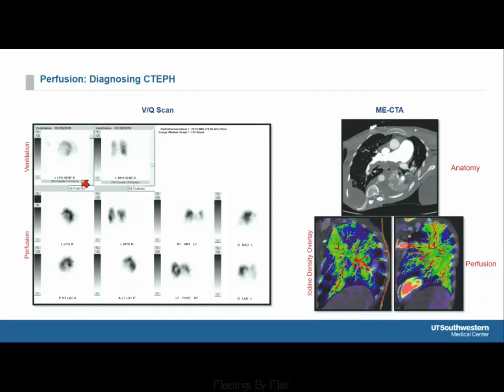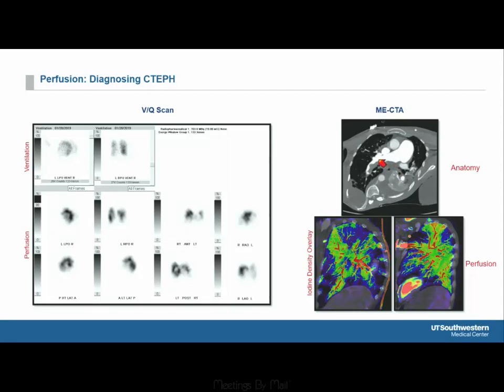Here is an example of a patient showing the typical findings with a relatively homogeneous ventilation on the top row and significantly heterogeneous perfusion on the VQ scan, showing multiple segmental perfusion defects which are mismatched with the ventilation images. So here, multi-energy CT would play a significant role, but not only that. This is the same patient.